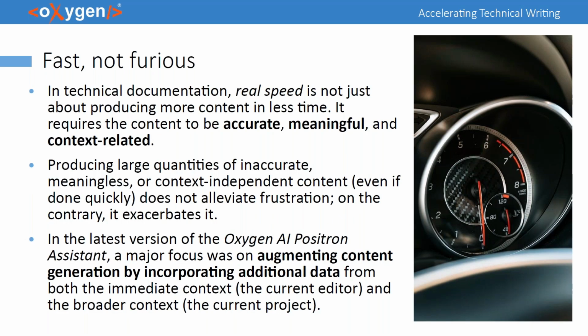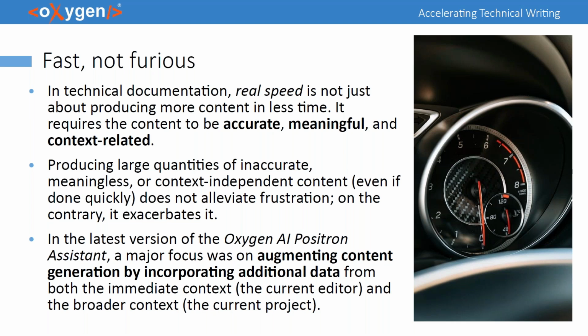But there's some sort of a catch, as it usually happens in life, because in general, we don't only care about speed, do we? We also care about quality. And ideally, we want maximum speed and maximum quality, but because we don't live in an ideal world, we need to find a balance.